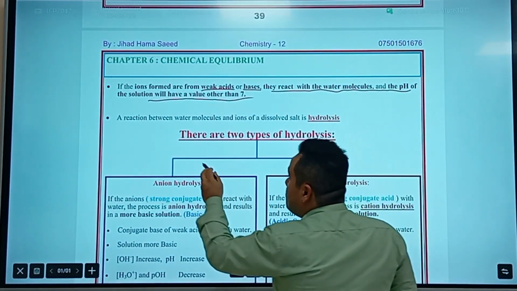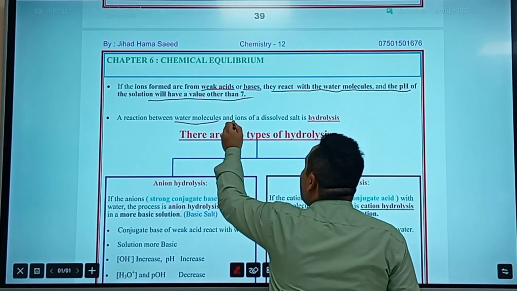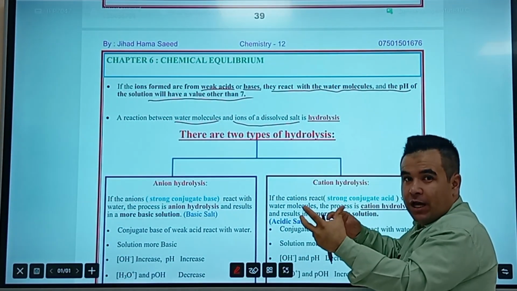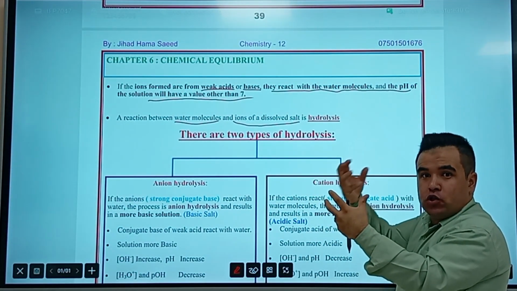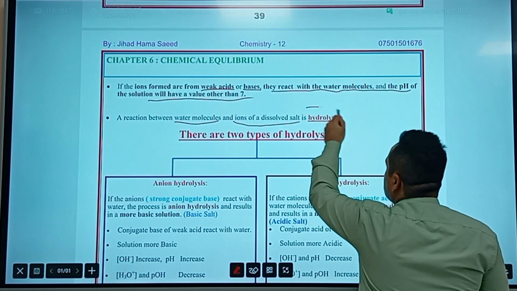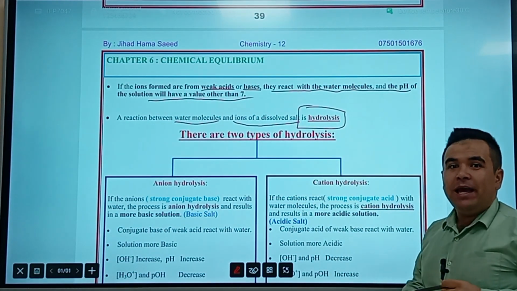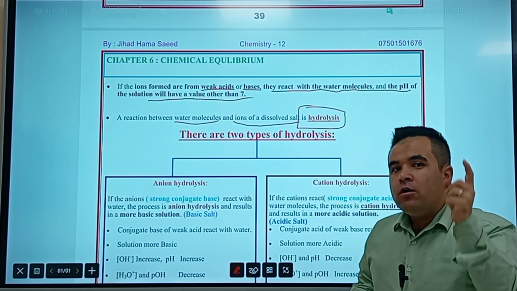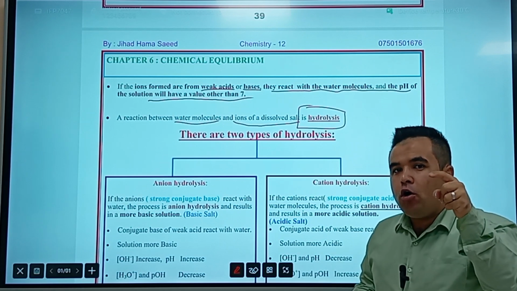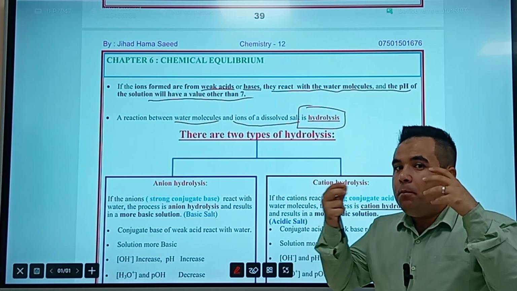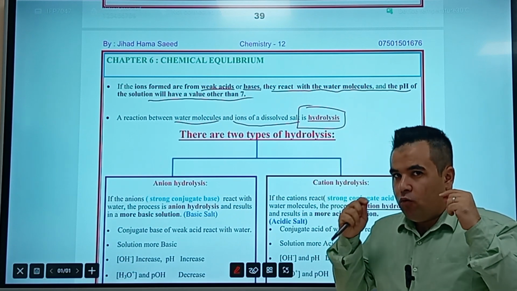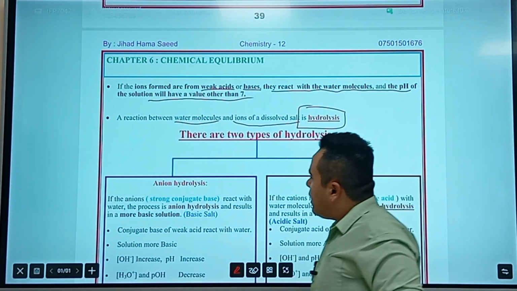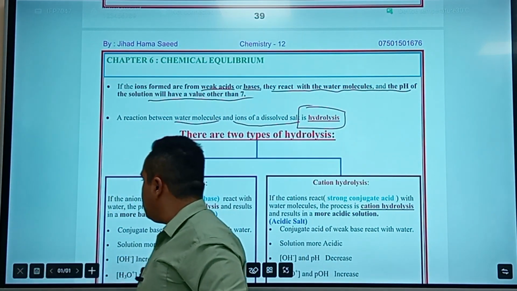This reaction between water and the ions of a dissolved salt we call hydrolysis. So simply, hydrolysis is what? It is a reaction of an ion from a dissolved salt with water. But all of the ions? No. We'll be talking about which ions undergo hydrolysis and which do not.